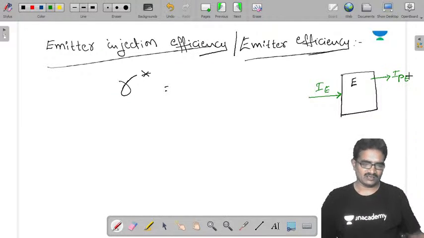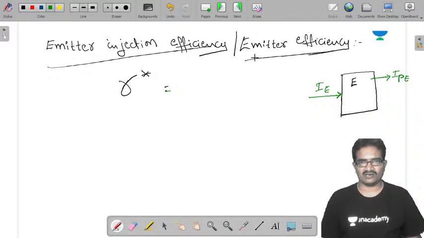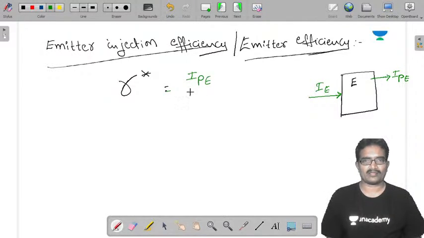Now, gamma star, that means emitter injection efficiency or emitter efficiency, is defined as output current IPE by input current IE.